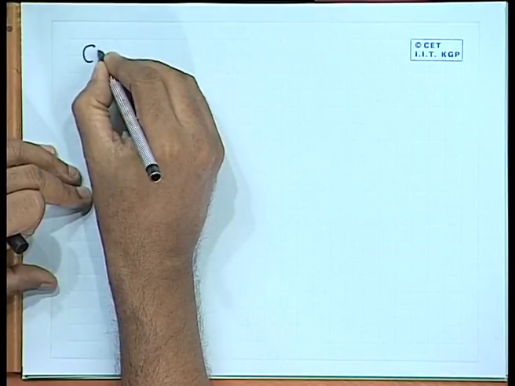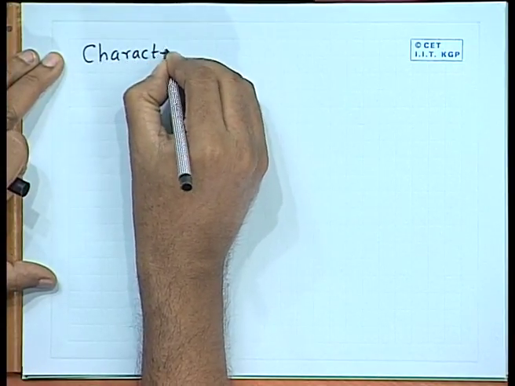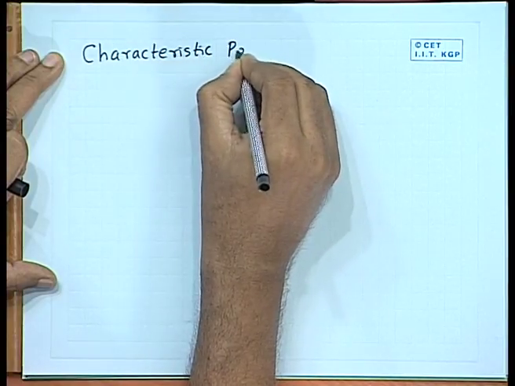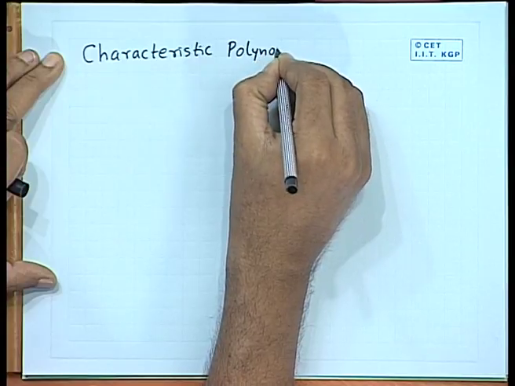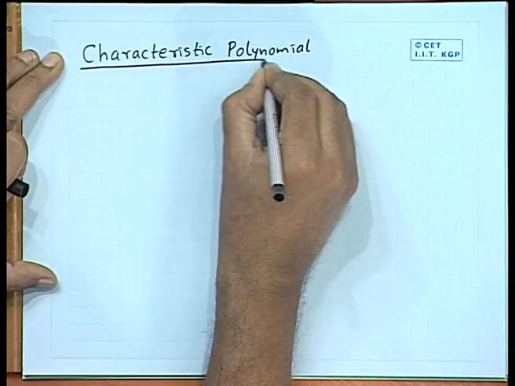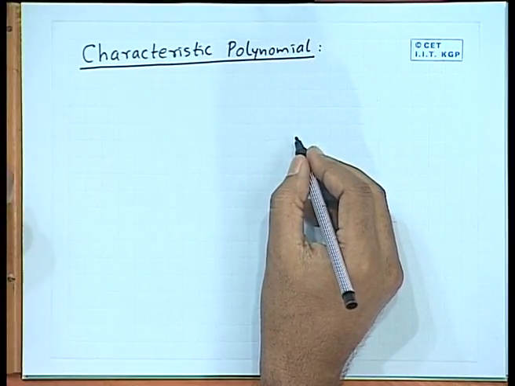The first thing we talk about is something called the characteristic polynomial. This is something which is associated with an LFSR. So, let us see what this really means.